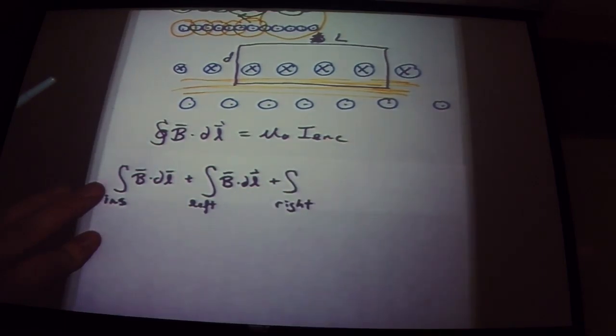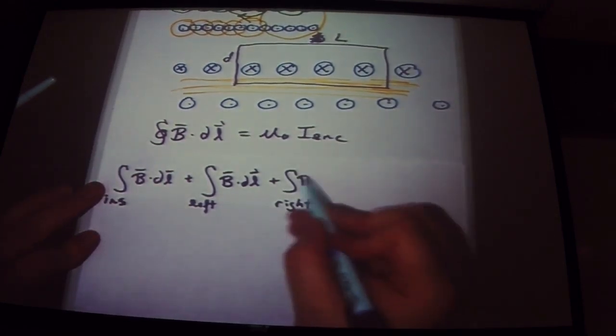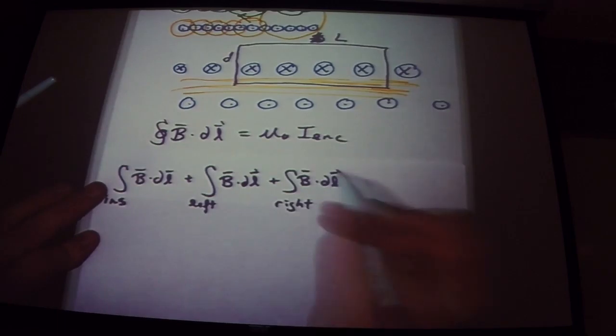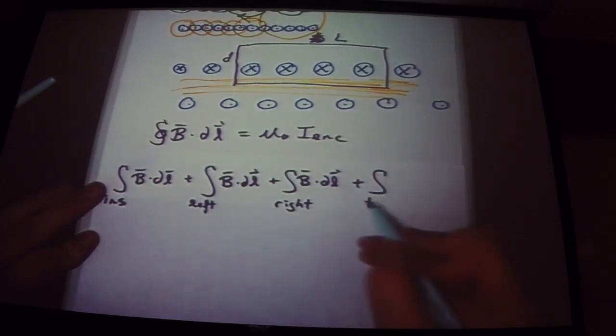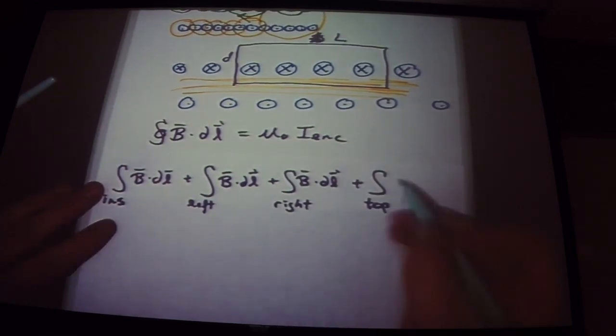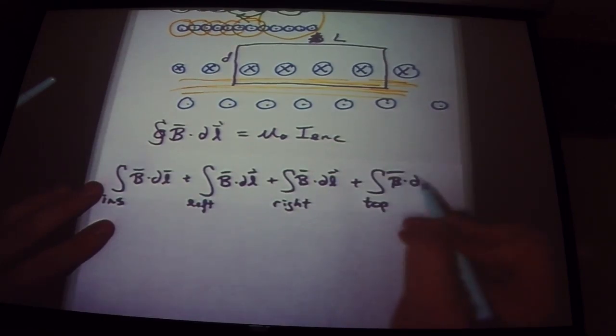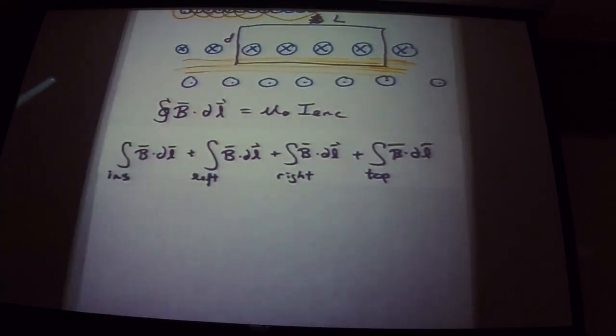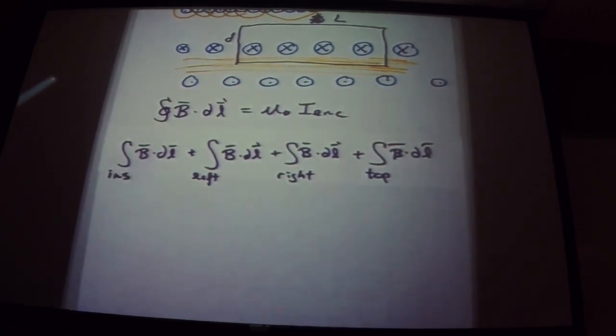And there's a reason why I wrote the left and the right together, because I'm going to treat them together. And then the integral to the top, or the outside, B dot dl. Sorry for not making lines instead of arrows. All right, so let's go for this.